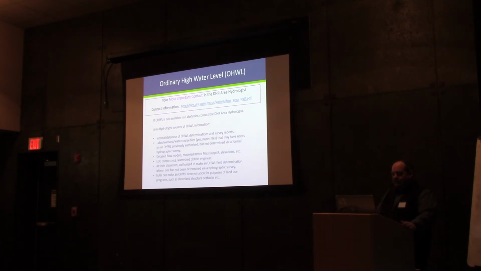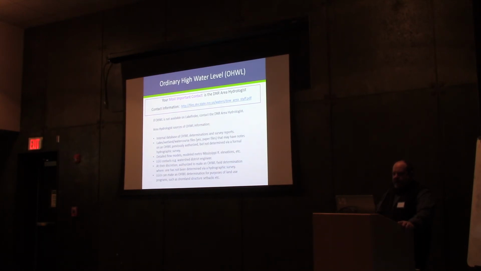And there might have been cases where the DNR hydrologist is authorized to make their own call, an on-site specific OHW determination. And so maybe 20 years ago, the area hydrologist had made an OHW determination. There might be a note in that lake file or wetland file that has that information on it. So I use those. Sometimes I look in the file and sure enough I find it. It's not common, but it does happen.